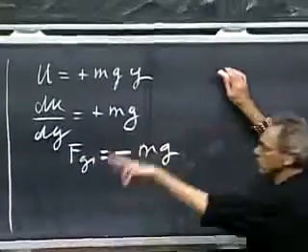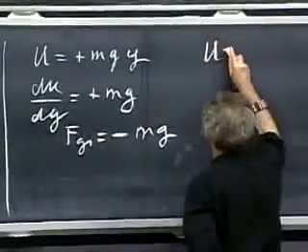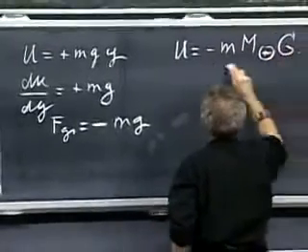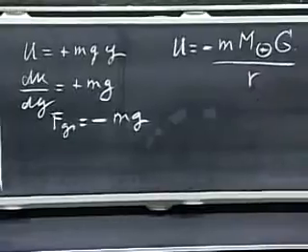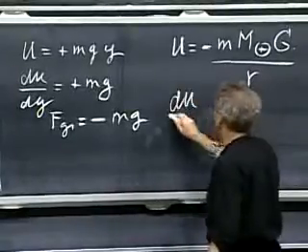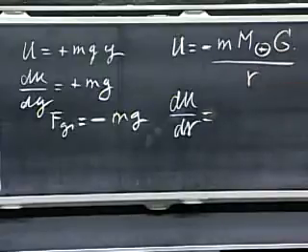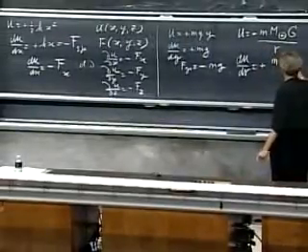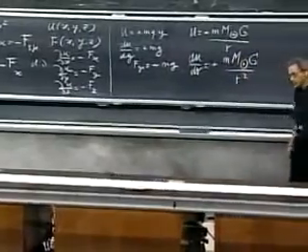Now we take the situation that we are not near Earth. We have there u equals minus m Earth g divided by r. There's only an r here. So du/dr: the derivative of 1 over r is minus 1 over r squared. The minus sign eats up this minus sign, so I get plus m Earth g divided by r squared.